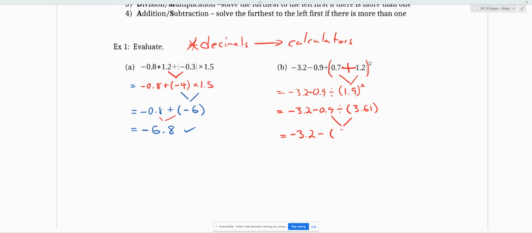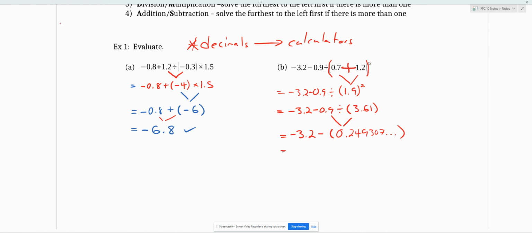I'm going to keep it as 0.249307, and it goes on and on and on with more digits. Okay. And now finally, we can do this subtraction.